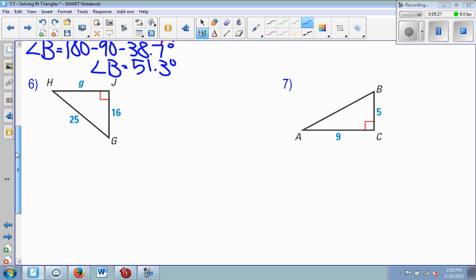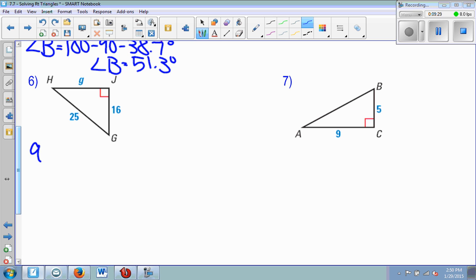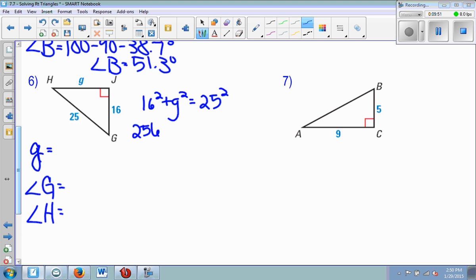First thing, if I want to find side G, do it the easiest way you can, and that would be to just use Pythagorean theorem. A squared plus b squared equals c squared. So 16 and G are the legs, 25 is the hypotenuse. So doing a little math here, 256, 625.